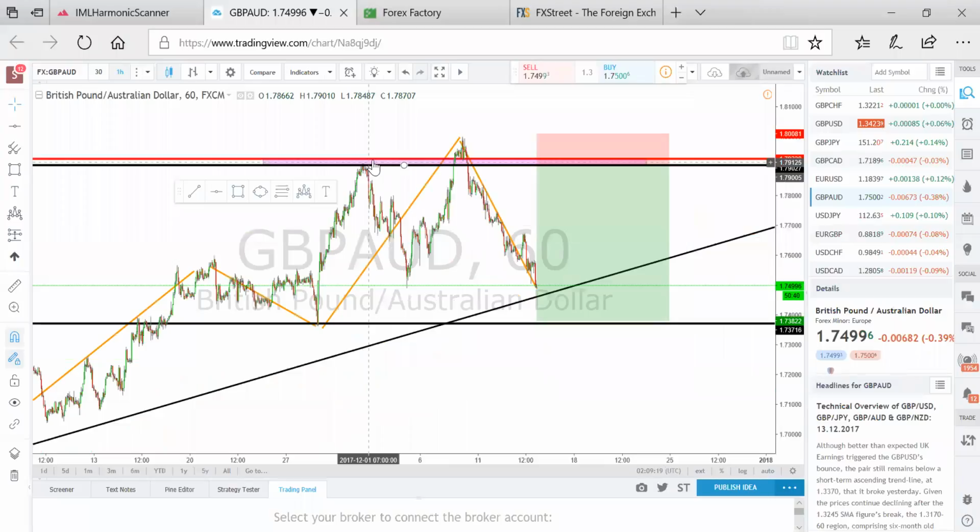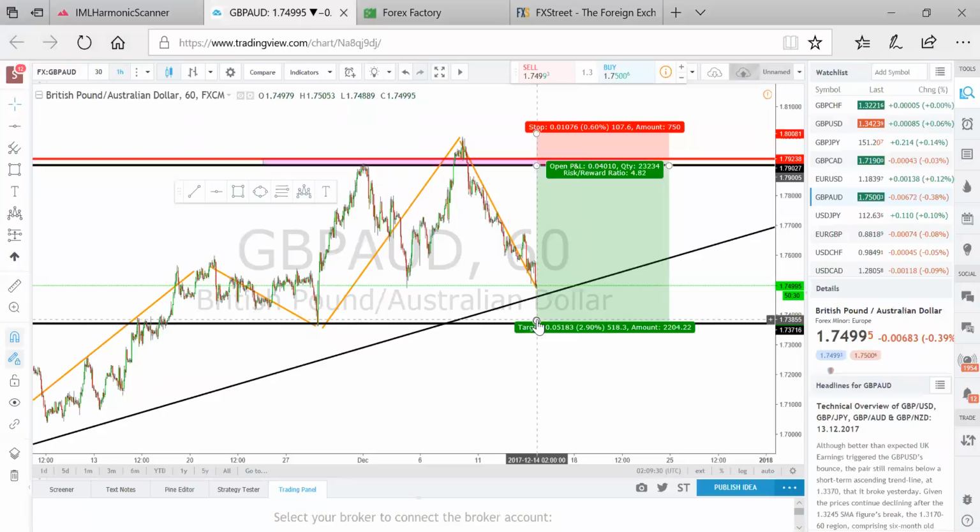You mean on top here? The bottom of the head and shoulders. Right, so where price is at is a nice zone since it broke your black line, the lower black.